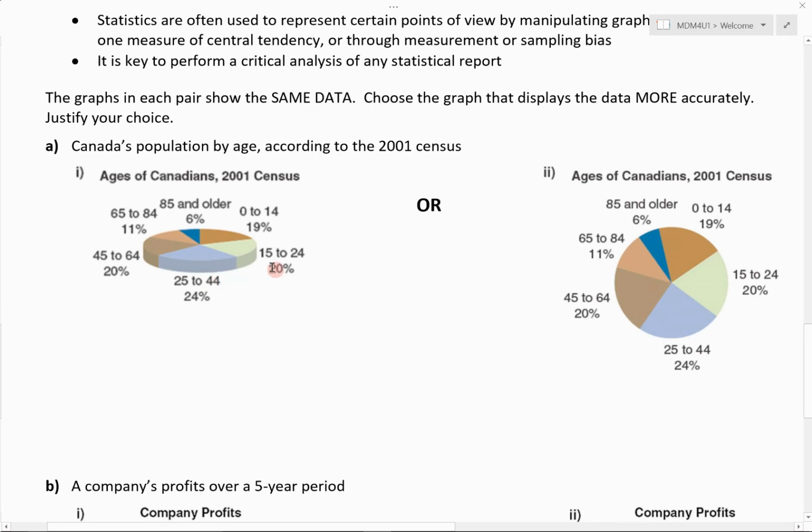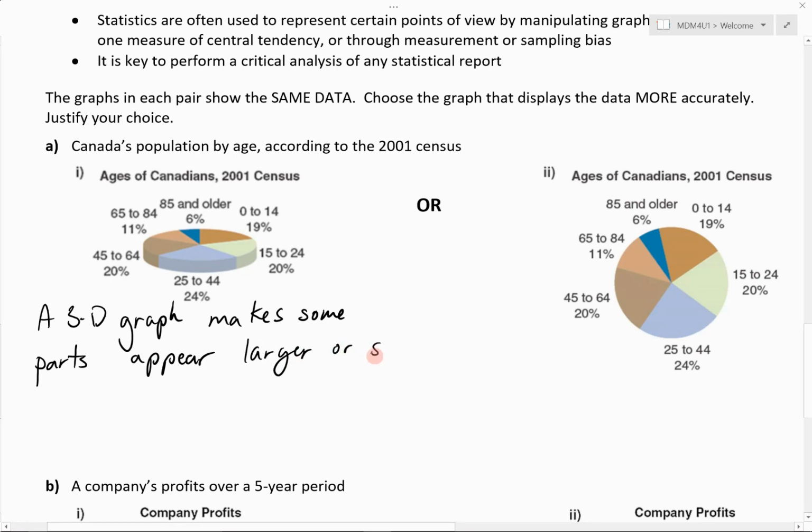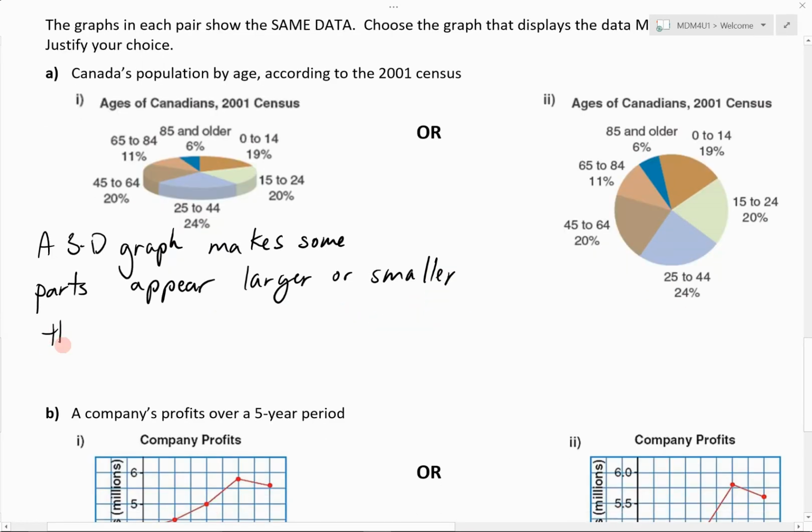So a 3D graph makes some parts appear larger or smaller than they actually are.